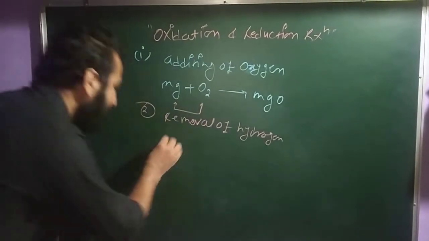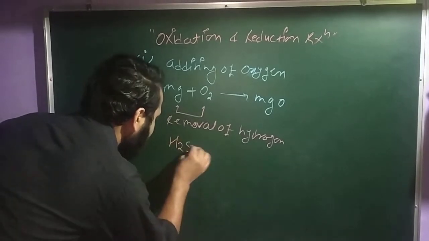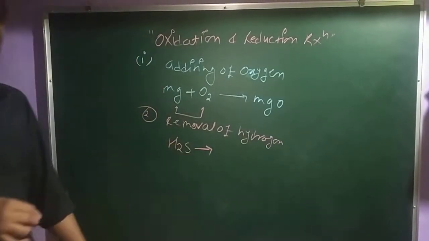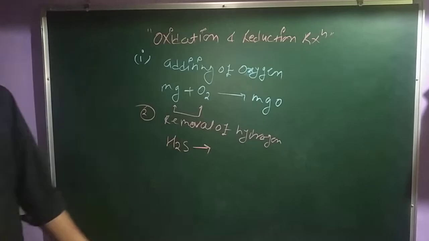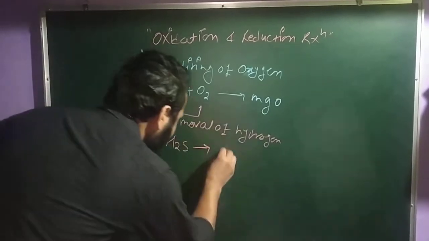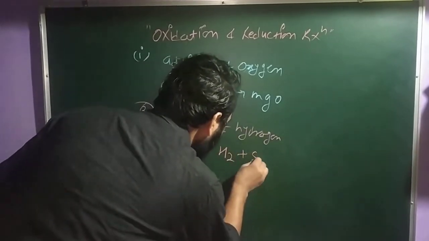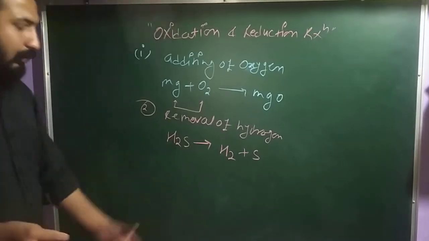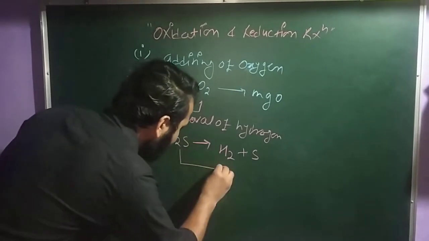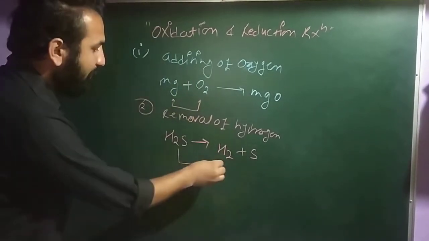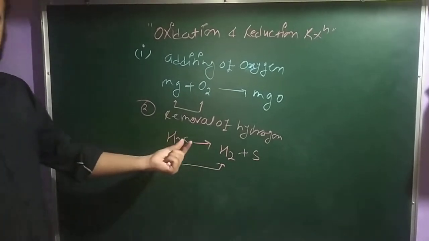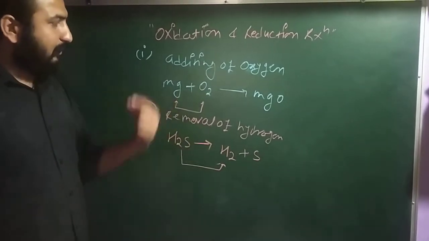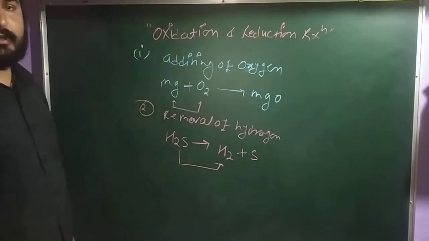For example, you have H2S, hydrogen sulfide, undergoing a chemical reaction and breaking down into H2 plus S. Now this H2 is removed from the hydrogen sulfide. So this is called the oxidation reaction.